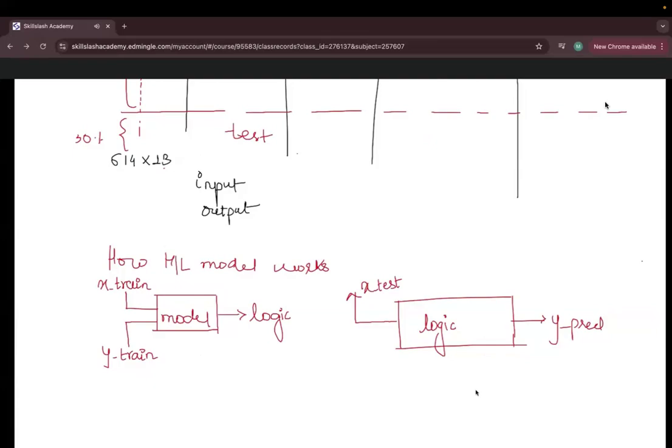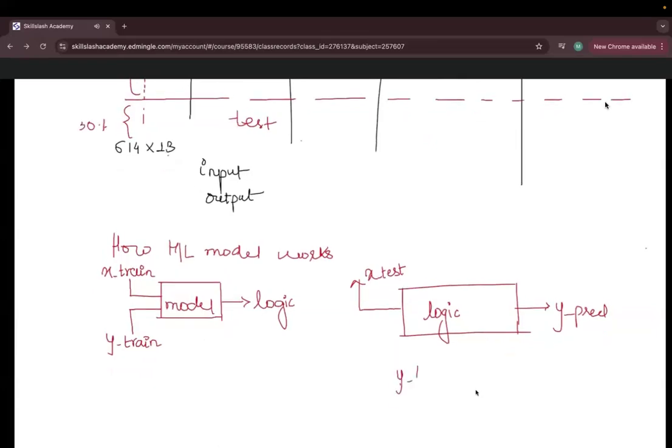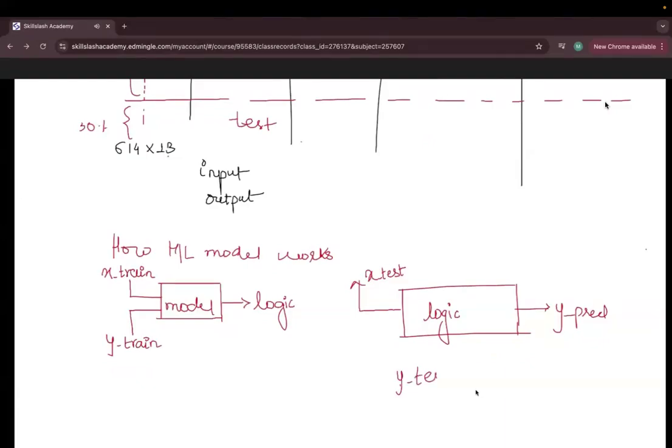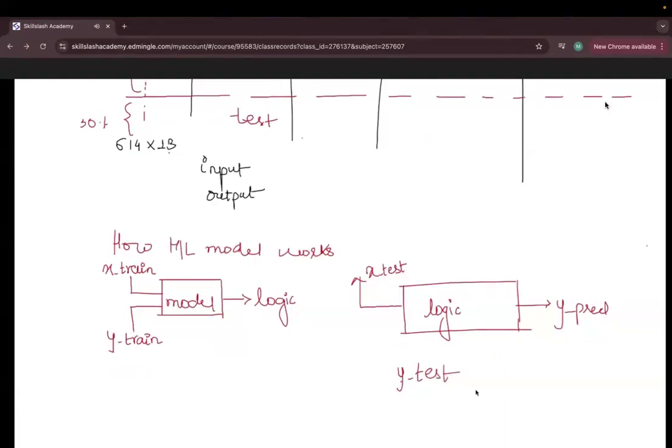And this is the output it gives me, which is Y prediction. We are going to check: we already have Y original, or Y test, and my machine learning model predicted Y pred. What is the difference between these two values? Is Y test matching with Y prediction? If it is matching, my model is working perfectly fine.